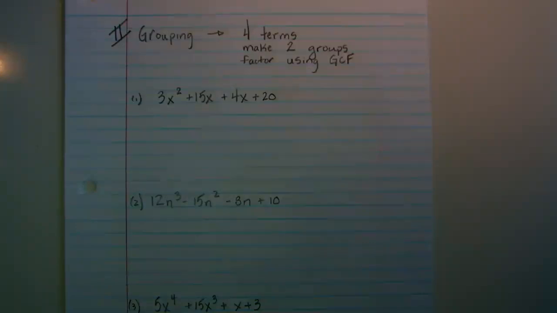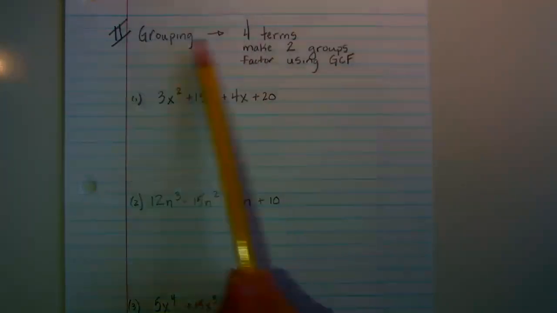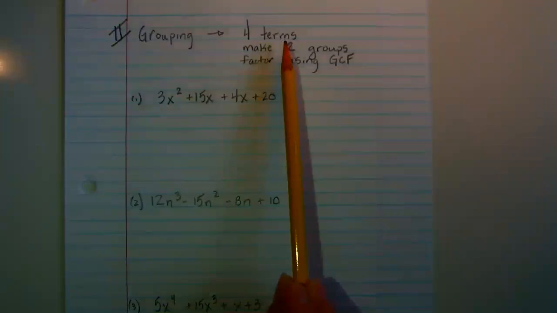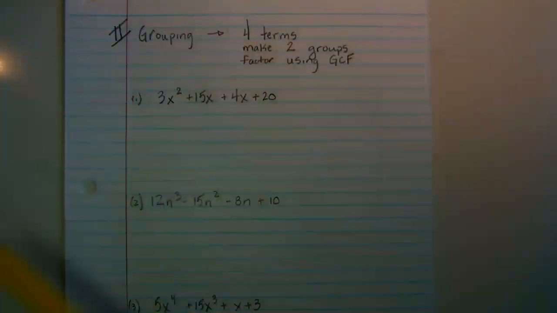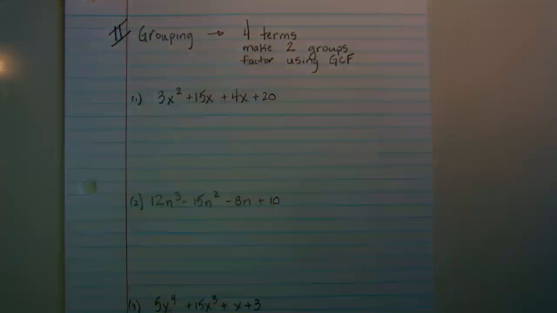So for factoring by grouping, you can see it's always going to look the same when you take a look at it, in that you're going to have four terms when you start. It's called grouping because you're going to take those four terms and divide them into groups of two.